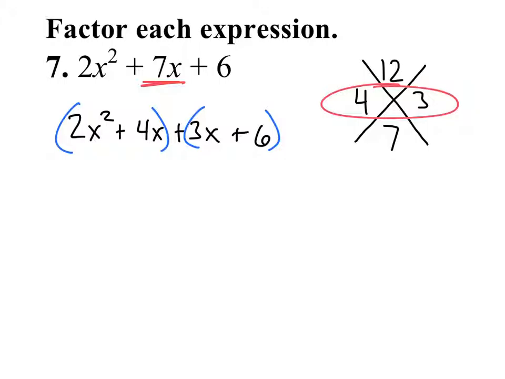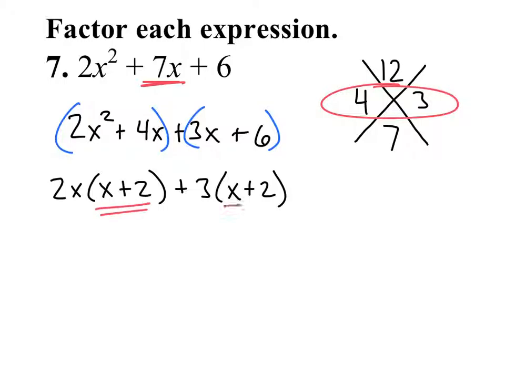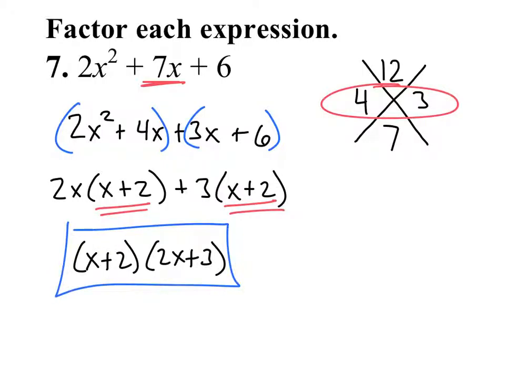In my first group, I can factor out a 2x, leaving me with x plus 2. In my second group, I can factor out a positive 3, again leaving me with x plus 2. And so now I have a common binomial factor of x plus 2 that I can factor out. That gives us our answer.